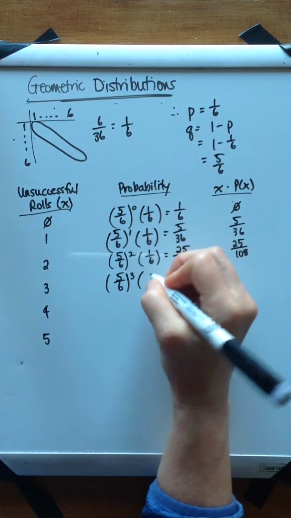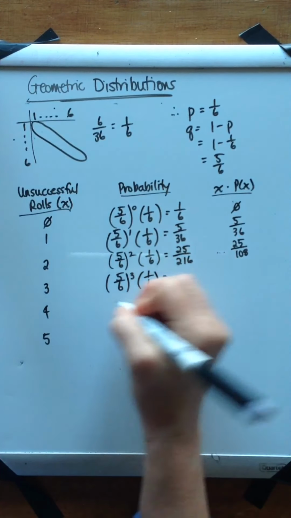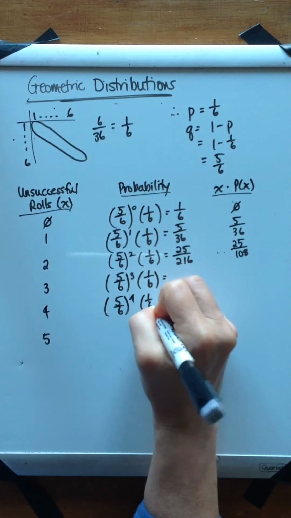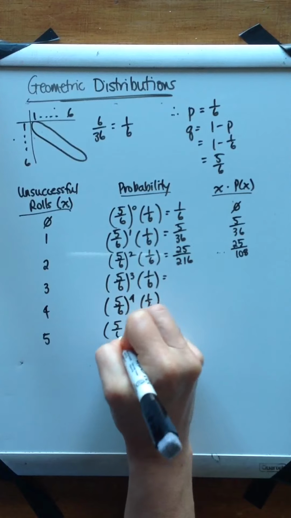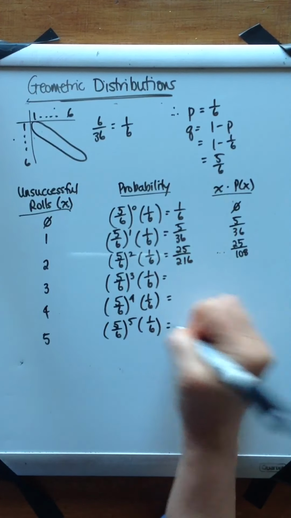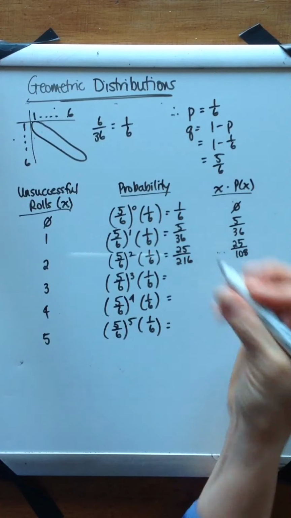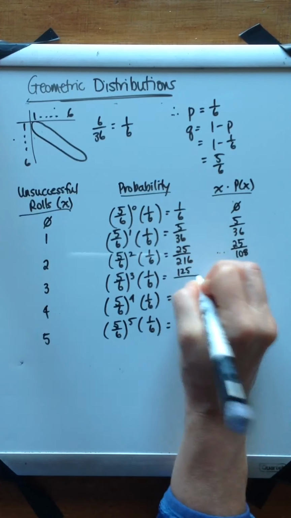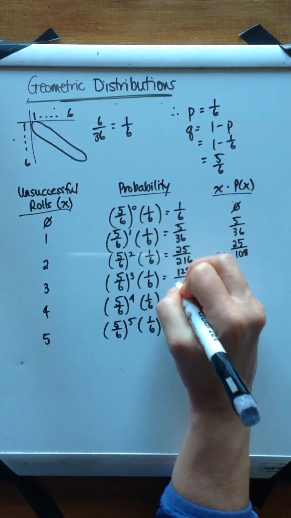We have 3 unsuccessful rolls before our success. We have 4 unsuccessful rolls before our first success, and then we have 5 unsuccessful rolls before rolling the doubles. And you can see that these fractions get pretty massive quickly because of all the multiplications in the numerators and the denominators.